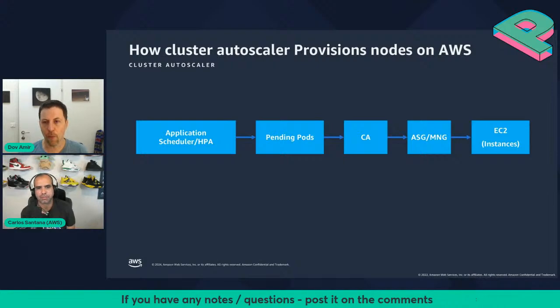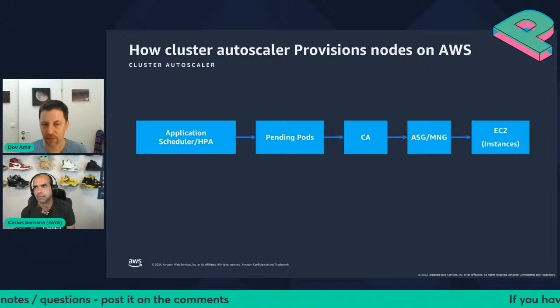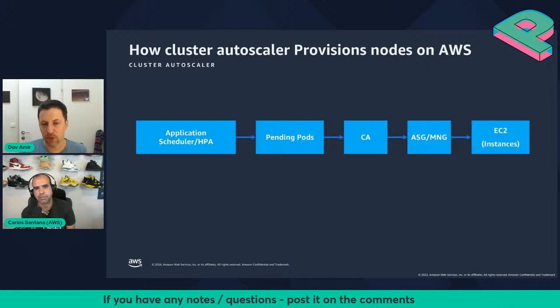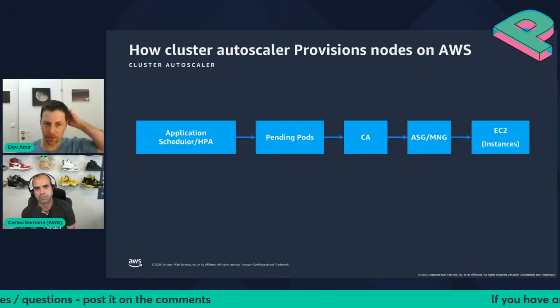You want to allow many different types of instances because, as I said before, if there's no capacity for one type of spot instance, you want other instances to be available. You don't want to be tied to a specific instance type like a managed node group makes you.